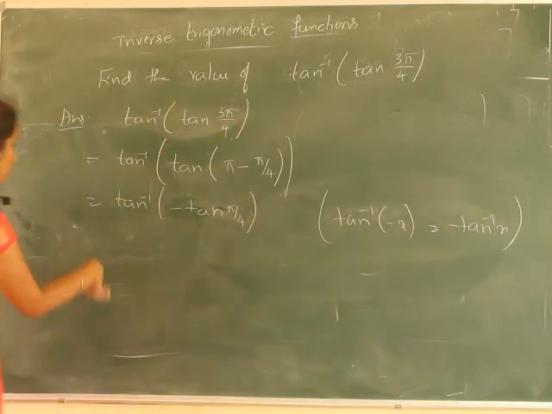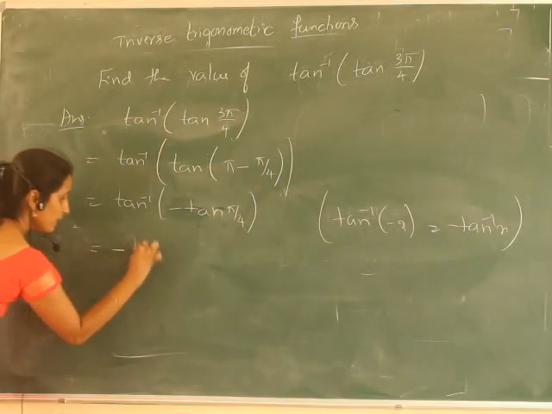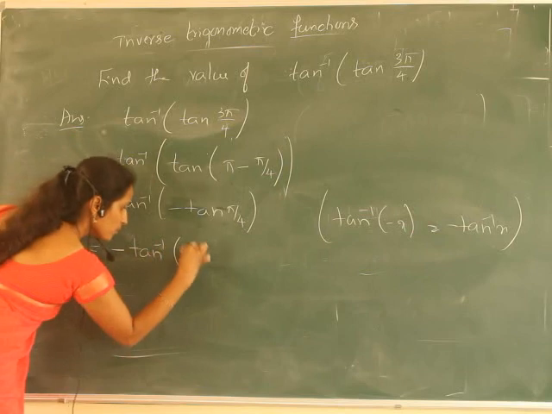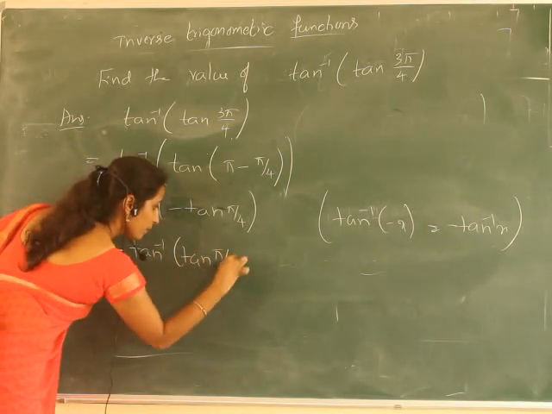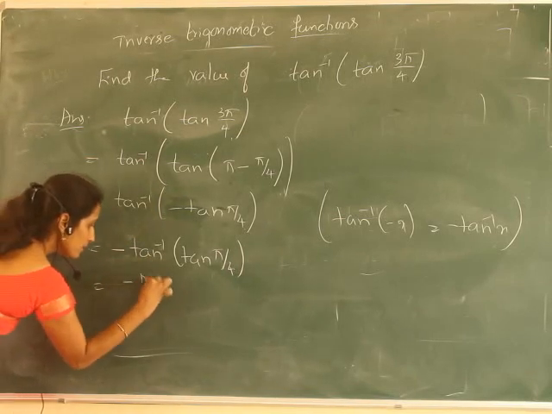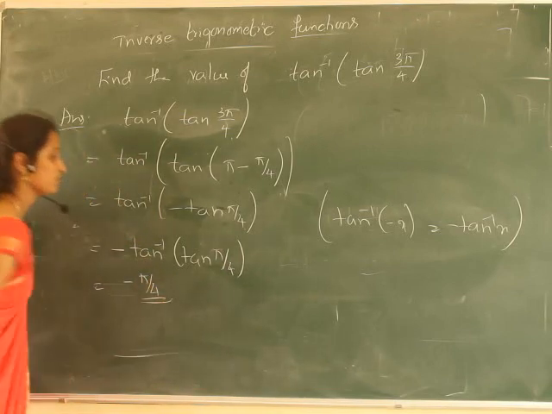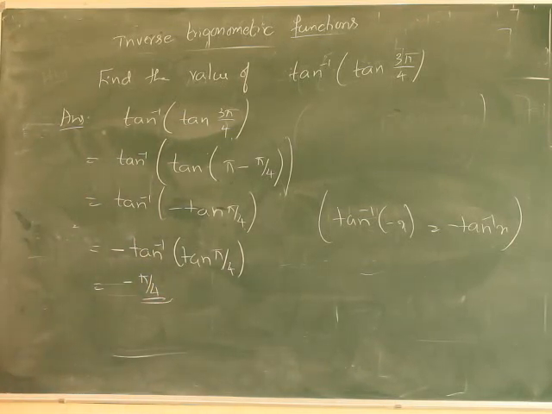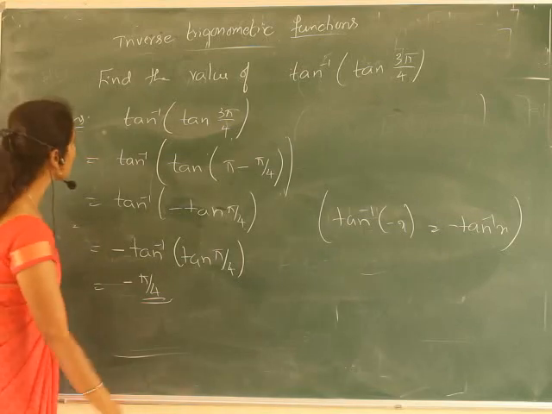So this will be equal to minus tan inverse of tan pi by 4. So tan inverse and tan can be cancelled. So it is minus pi by 4. Therefore, the answer is minus pi by 4.